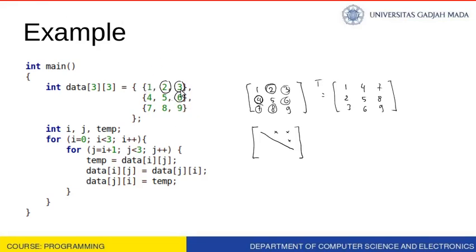So I only swap the upper triangular matrix with the lower triangular matrix. So this is how to define the iterative command by using for. The result of this program is that your matrix will be transposed into this matrix.